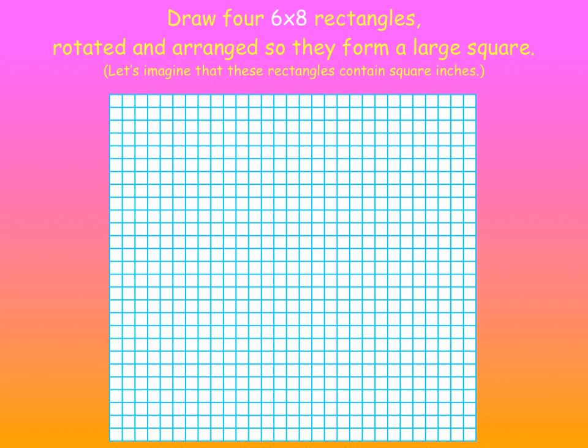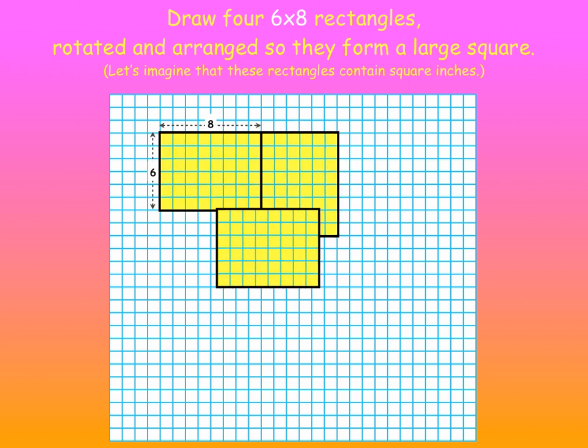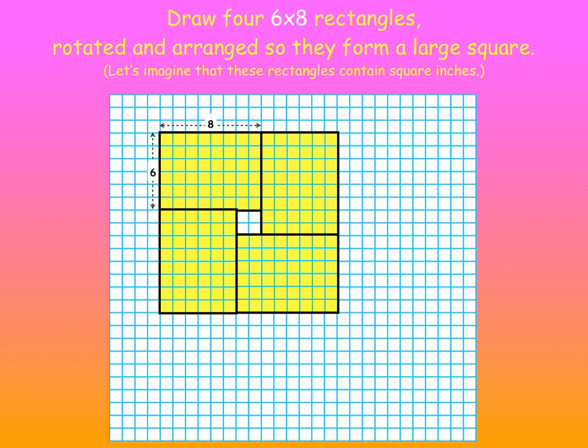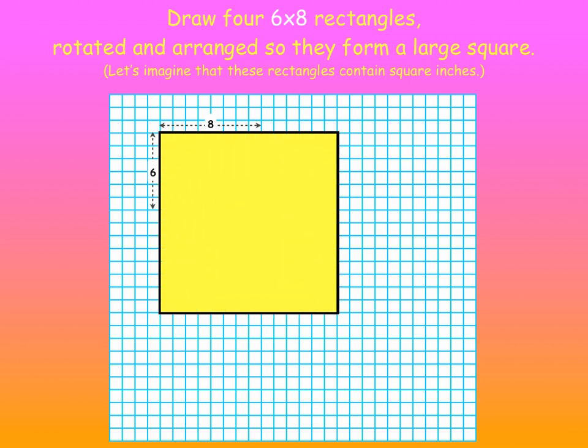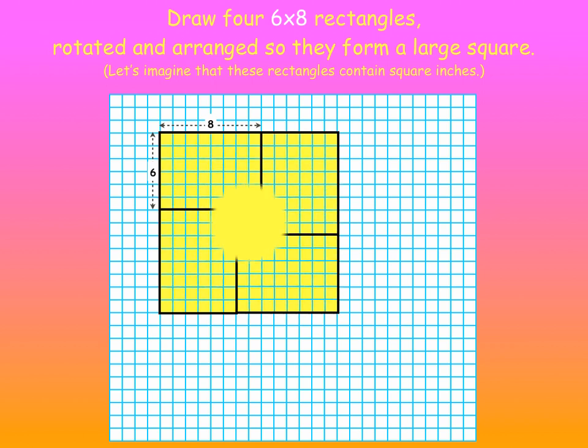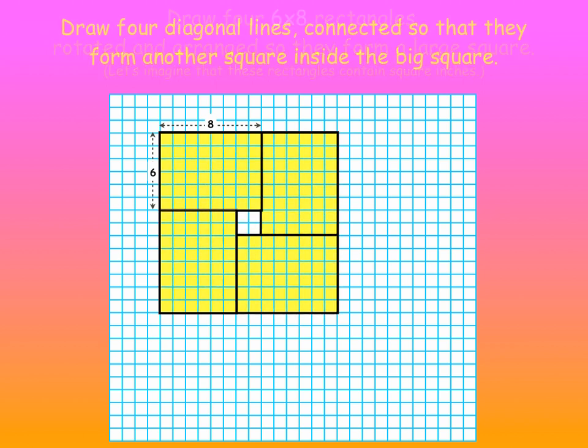So now draw 4 6 by 8 rectangles, rotated and arranged so that they form a large square. And let's imagine that these rectangles contain square inches. Draw 4 diagonal lines connected so that they form another square inside the big square.